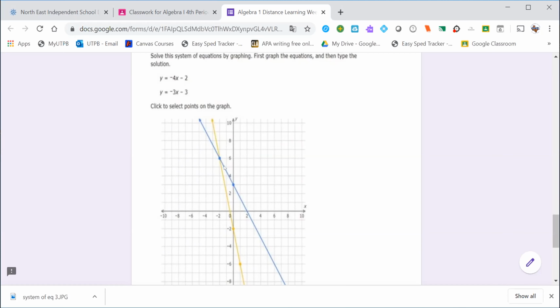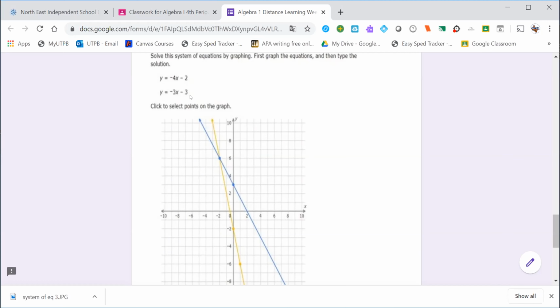There's another dot. That's actually your solution right here, where those 2 lines intersect. And then if I do 1, 2, 3, 4, and over 1, we have another dot there. So this is the yellow line, and this is correct, the yellow line that we just graphed.